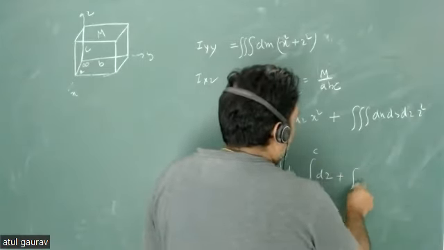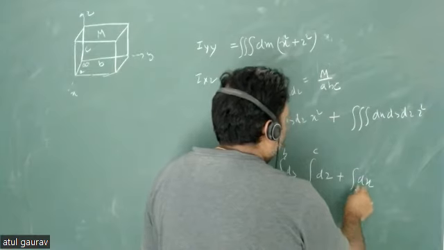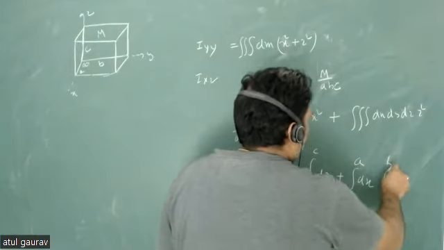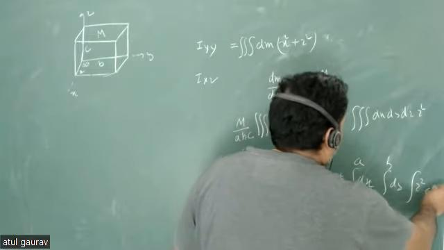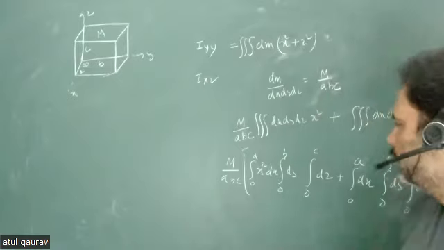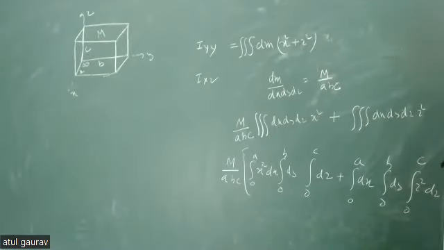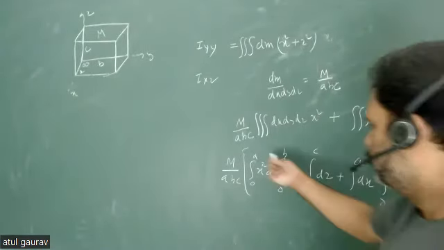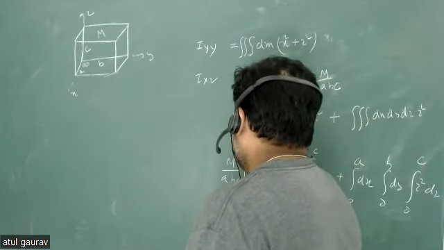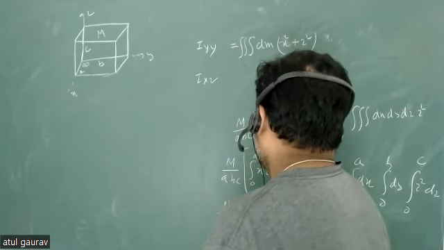इसमें क्या आएगा? First dx कहां से कहां तक? 0 to A. Second dy 0 to B. Third z square dz 0 to C. Clear है ये? Now what is this particular thing? M upon ABC. What is this one?